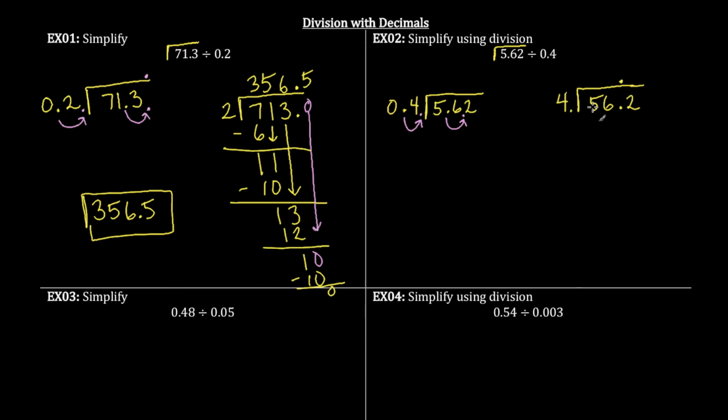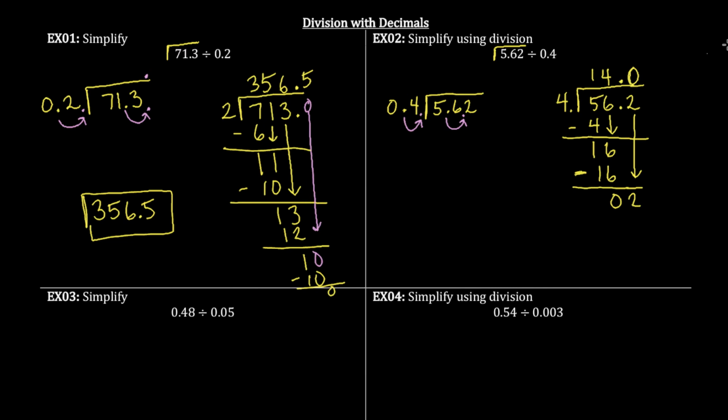4 goes into 5 1 time. And we subtract. We get 1. We bring down the 6. 4 goes into 16 4 times. Once again, we bring down our next number, which is 2. 4 goes into 2 0 times.